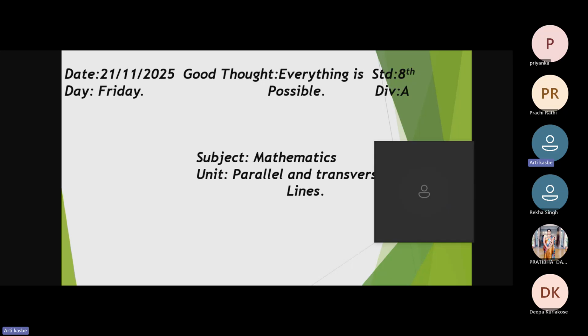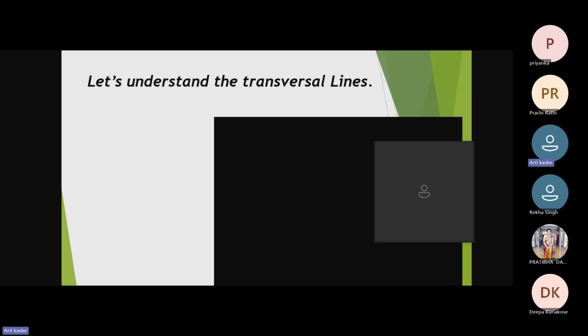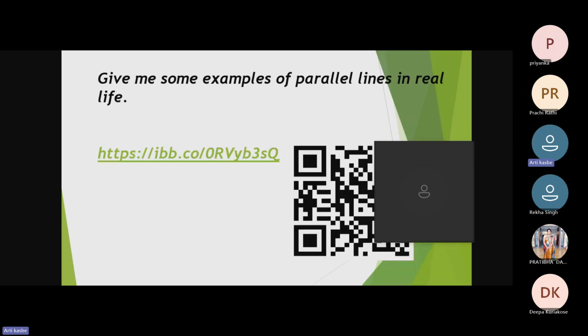Now we have to learn in the subject mathematics. In the last lecture we learned some parallel lines. All of you understood parallel lines?